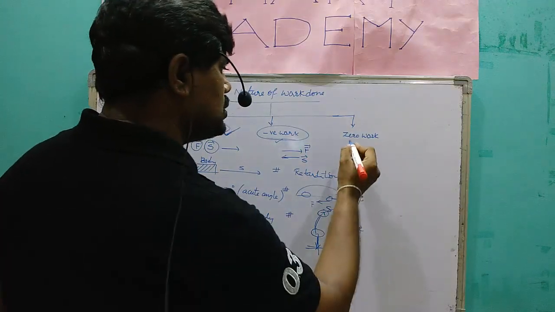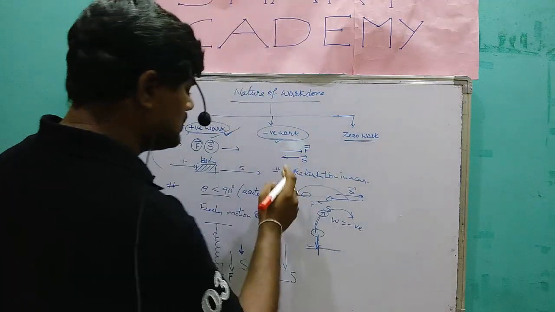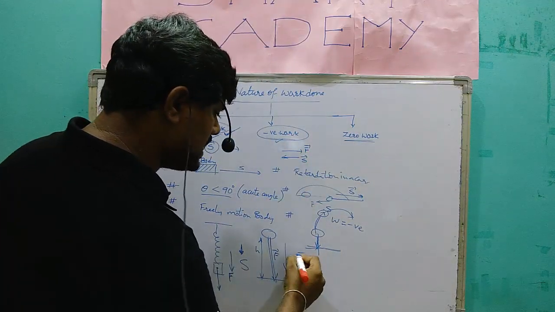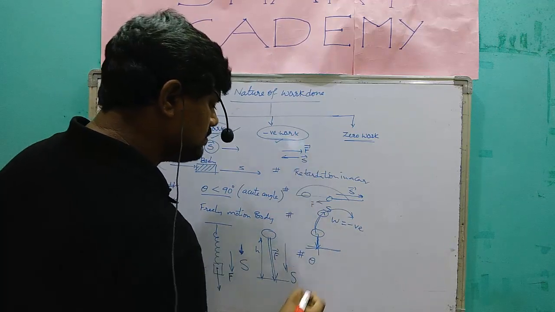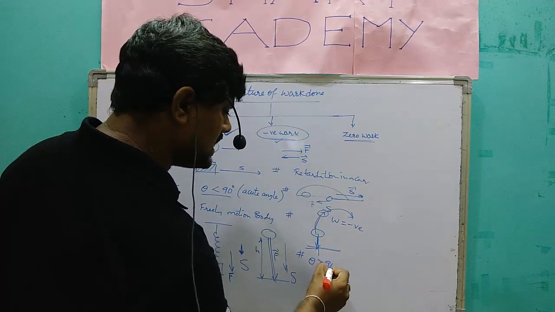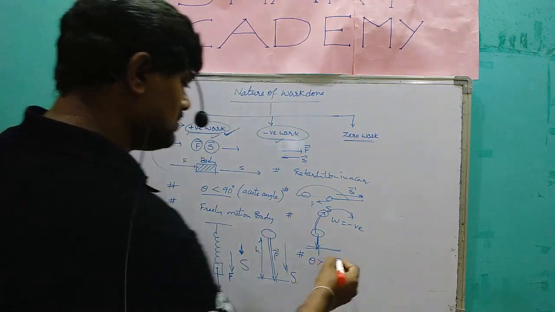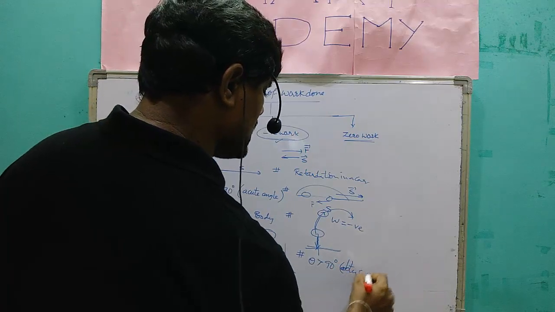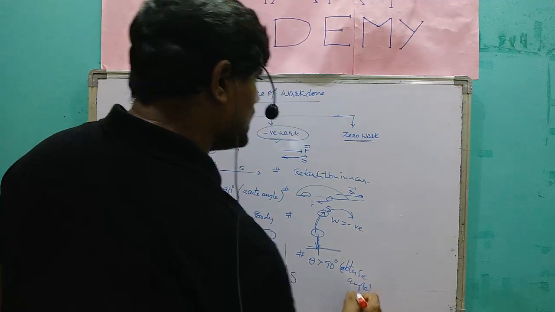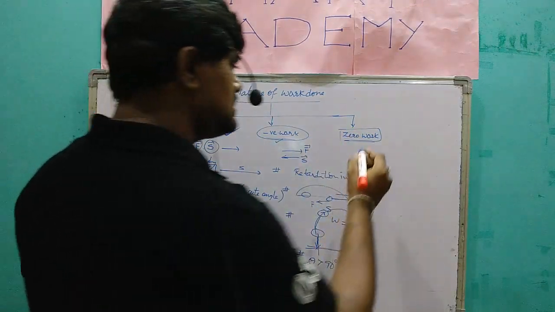Okay. Next one, zero work done. Zero work done means the angle theta between the force and displacement should be 90 degrees.